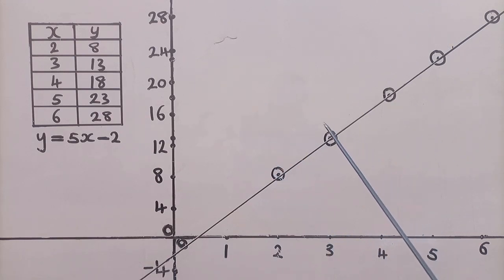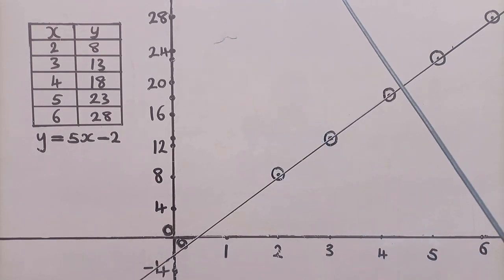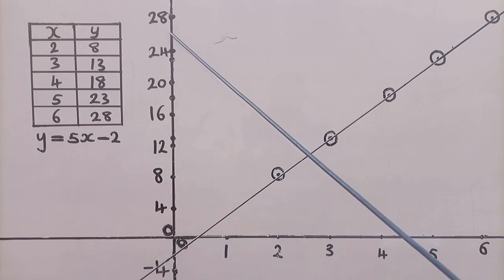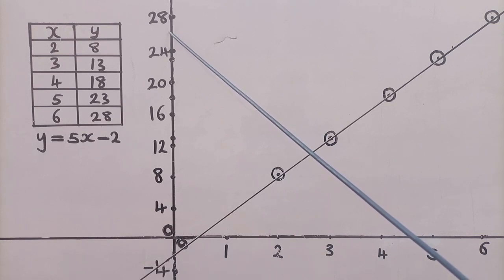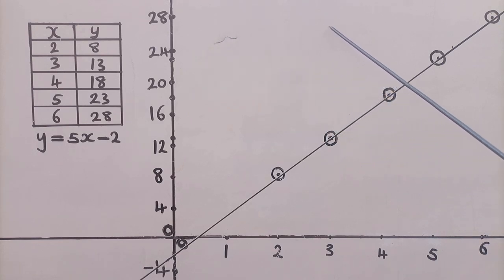Take, for instance, if the value of y is 26, which is somewhere here, and you want to know the value of x corresponding to this value of y, what do you do? Draw a line like this horizontally to meet this line of best fit. Whatever it meets, draw it down. Whatever it meets on the x-axis, then you know exactly the value of x at that point.